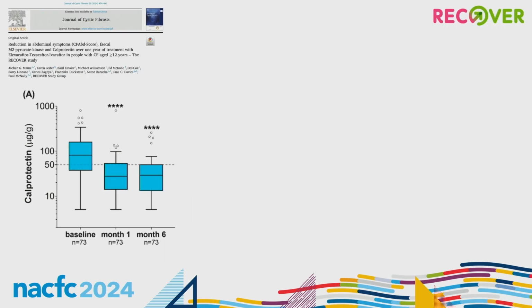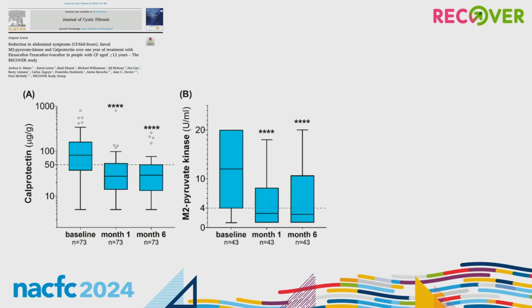Also in that cohort who were 12 years and above, we took the opportunity to look at fecal markers of disease and their improvement. And you can see here a measure of inflammation, fecal calprotectin, in 73 people who had 3 paired data sets, baseline, 1 month and 6 months, and a significant decrease in that inflammatory marker over time.